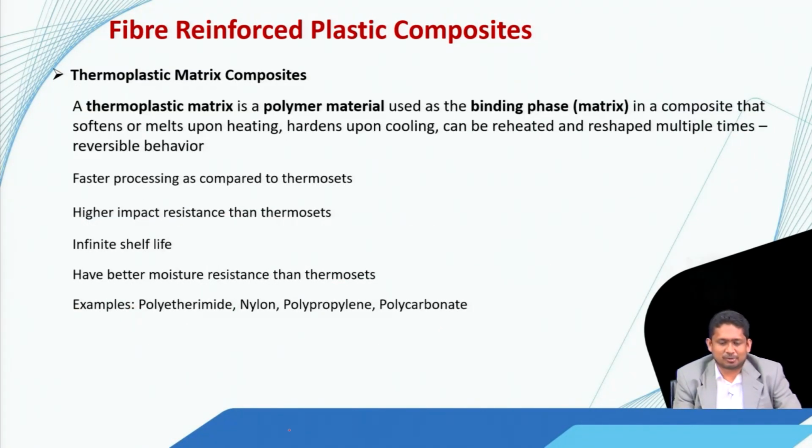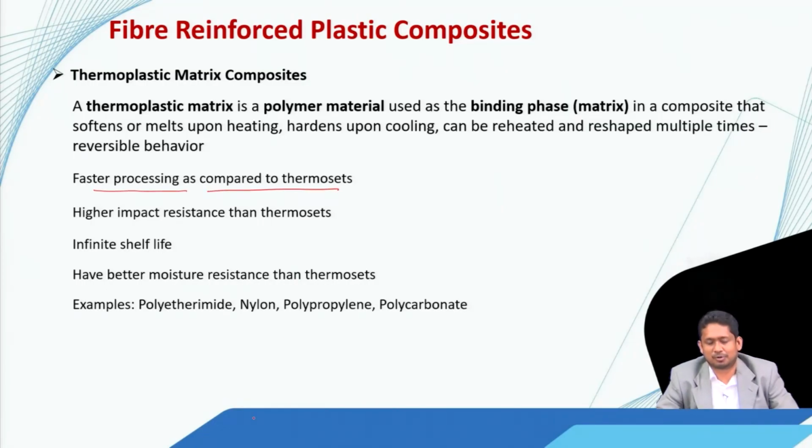Now, thermoplastic composite. Thermoplastic, on the other hand, is reversible. So, even if it is hardened, it can again be melted or softened upon heating. This hardening and softening is a reversible phenomenon here. Now, the advantage is it has faster processing as compared to thermosets.